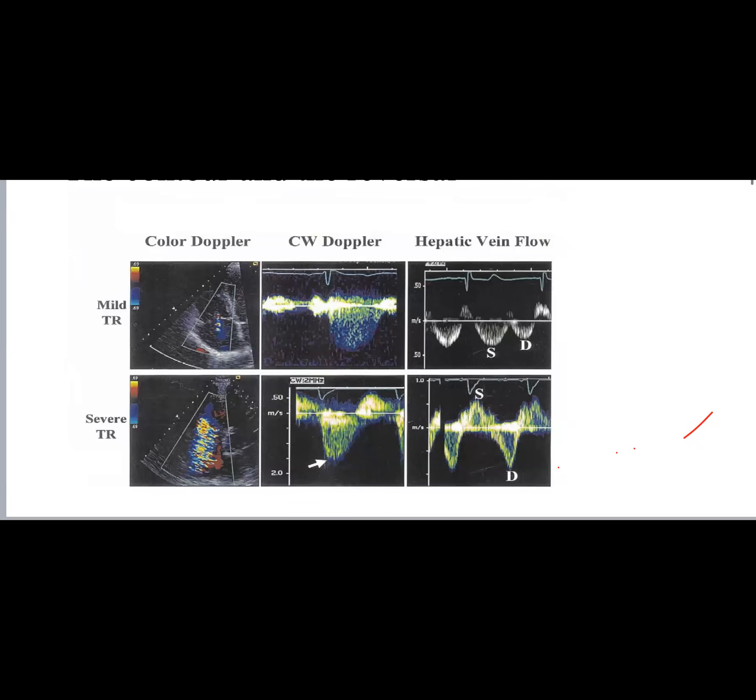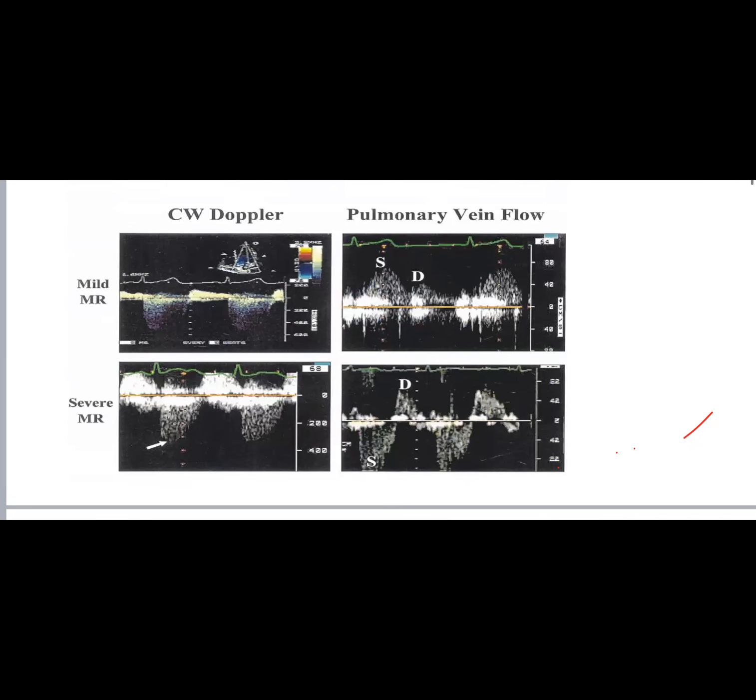Dr. Hatim, is it better to see the jet more in the posterior pulmonary vein, or in which pulmonary vein can we see it more? Usually we are interrogating the right upper. In transthoracic echo, yes, the right upper. But in TEE, we can interrogate the four of them.